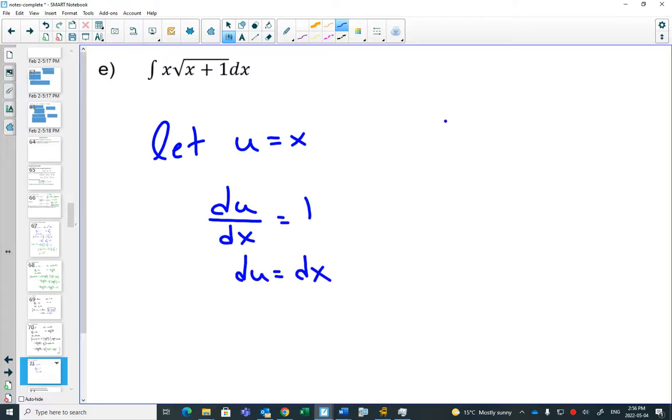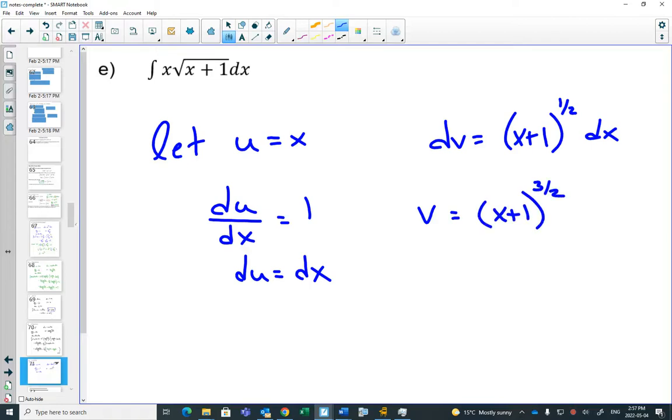And if we let dv equal to x plus 1 to the half dx, then integrating backwards, we would have to add 1 to the exponent and divide by our new exponent.